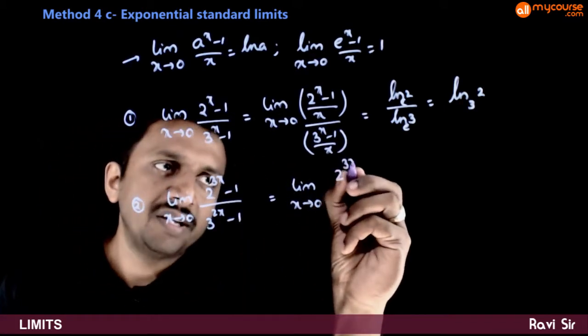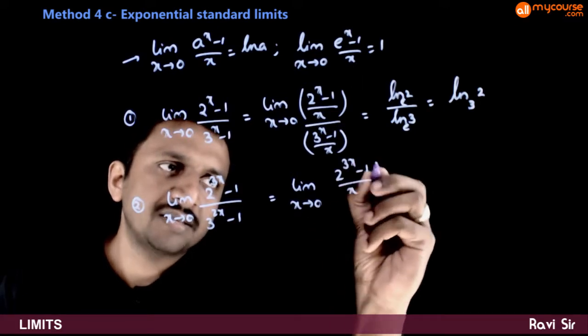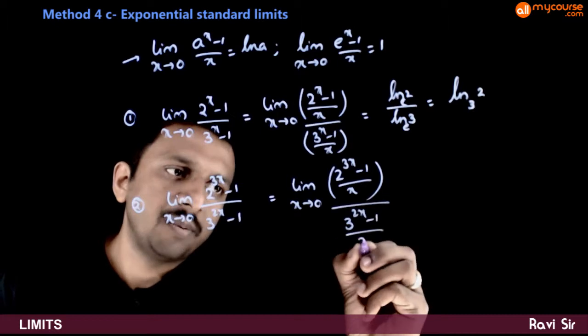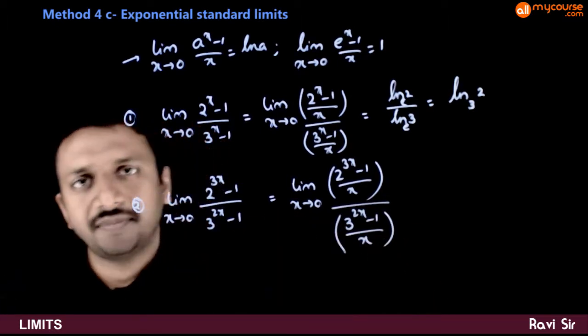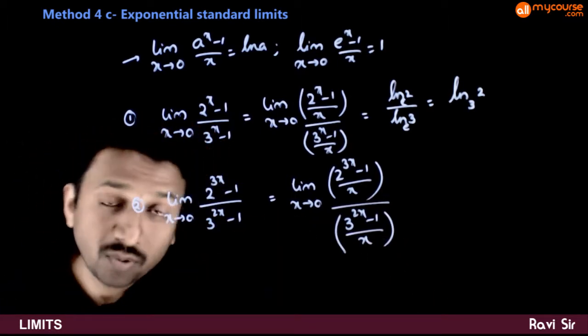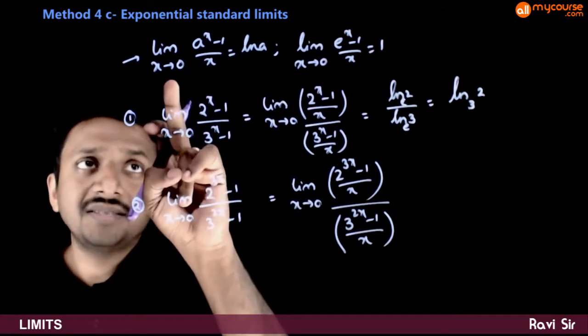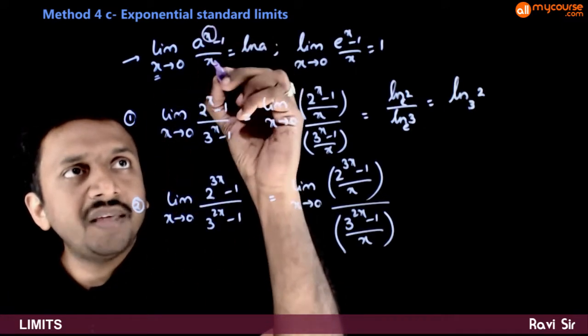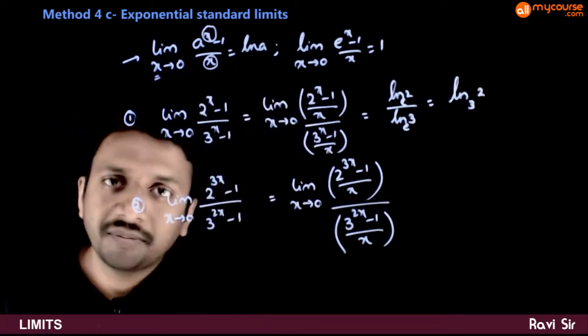So ((2^(3x) - 1)/x) / ((3^(2x) - 1)/x). As you can see here, as something tends to 0, (a^(same thing) - 1)/(same thing) is equal to ln a.